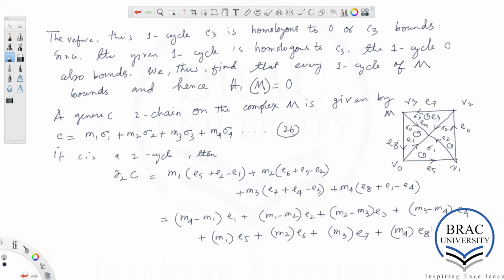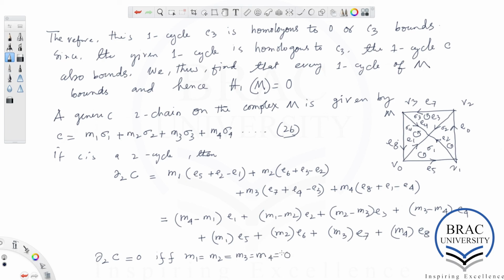Okay, so delta 2 of C is equal to 0 if and only if M1 is equal to M2 is equal to M3 is equal to M4 is equal to 0.